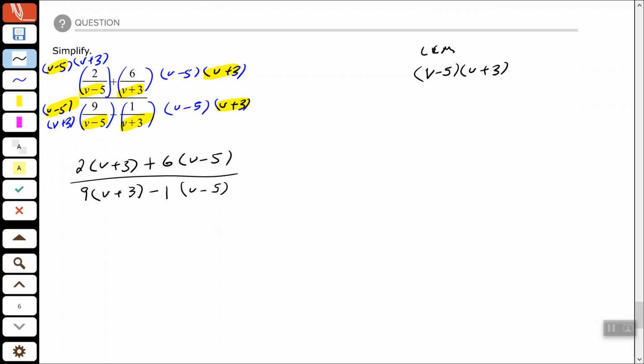Okay. So once we get that cleaned up, now we need to simplify the numerator and denominator by clearing our parentheses, combining like terms, and maybe factoring. So let's start off by clearing the parentheses by using our distributive property.